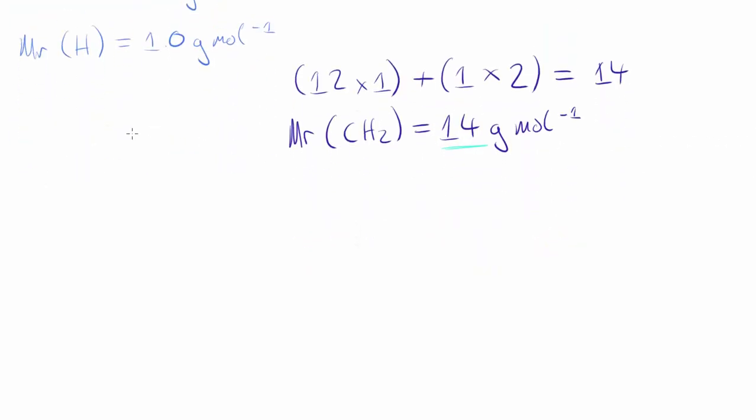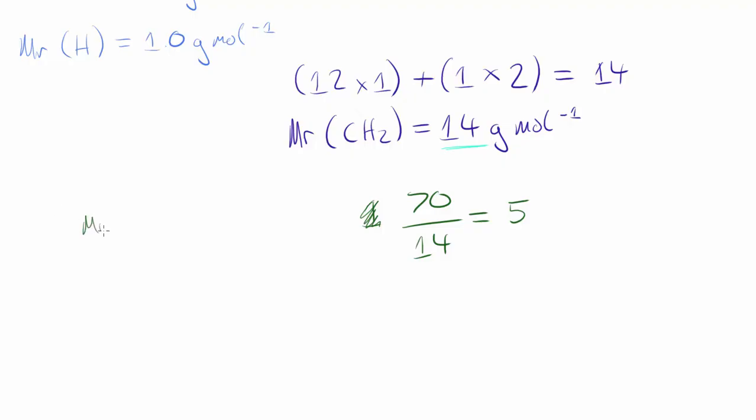So 70 divided by 14. You can infer by visual inspection what this is going to be, but feel free to work it out on your calculator. If you do, you'll find that it gives you 5. So this 5 is going to be our multiplier.